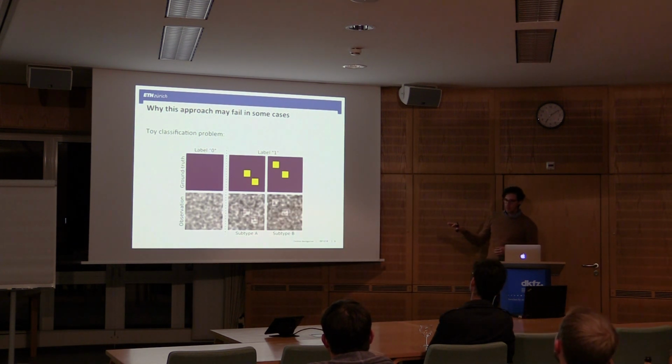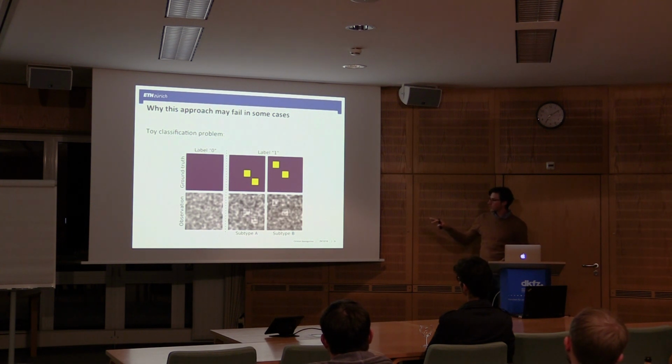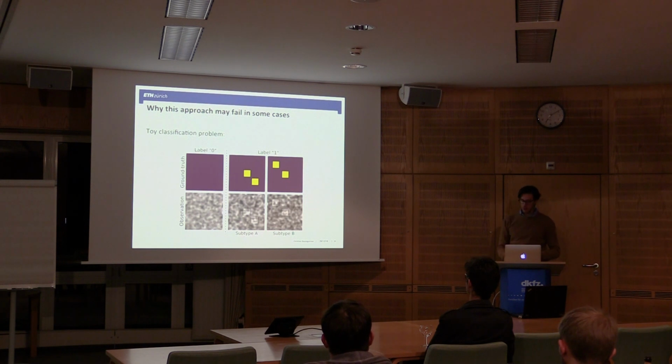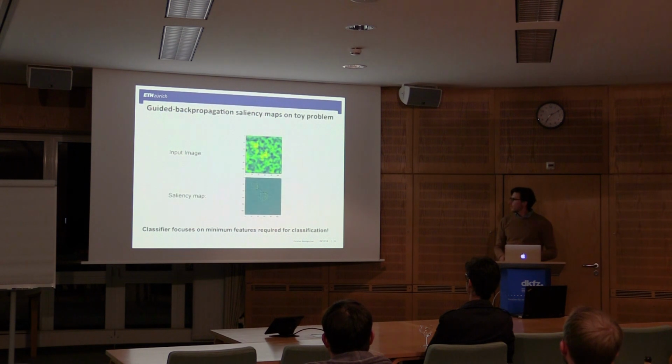So they always have a square in the middle, but sometimes they have a square in the lower right corner, and sometimes they have a square in the upper left corner. But the central square is always there. Okay, so now if you train a classifier to predict label 1 or label 0, but not the subtype, and you look at this saliency algorithm that I explained before, and see which pixels influence the classification, you can see down here the saliency map.